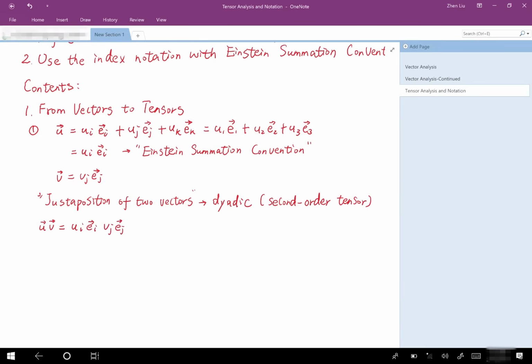So we need to use different subscripts for different vectors because we don't know the relationship between them. Actually, for something like this, one thing I can tell you is that this one equals u_i v_j, because u_i and v_j are components of the vectors, so they're scalars. So we can move them around.